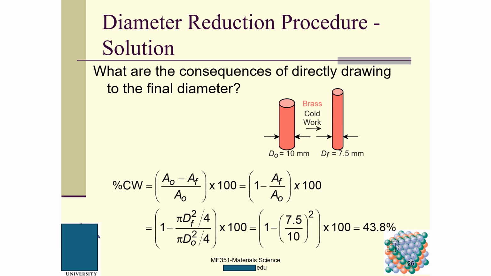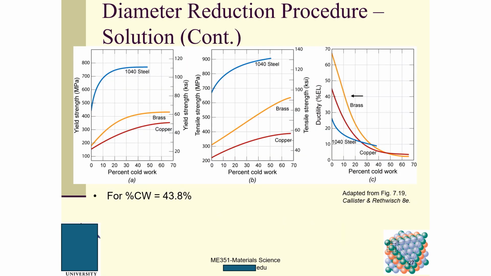So we can get 43.8%. Diameter reduction procedure, this is the solution. For this percentage of cold working, you can see the yield strength goes this way, and here are the yield strength, the tensile strength and the ductility.